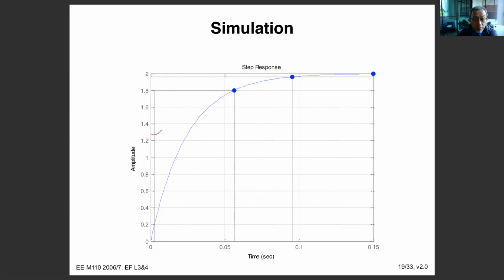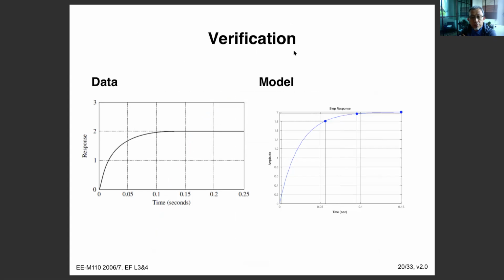So it goes here, time constant. This is 1.26, 63% from the 2.0. So you will get a time constant over there. Then you compare the real data and the estimated model.